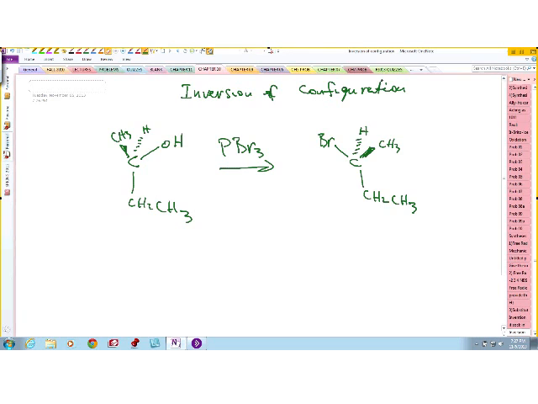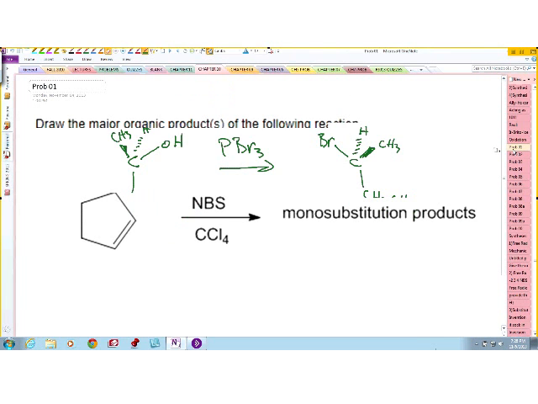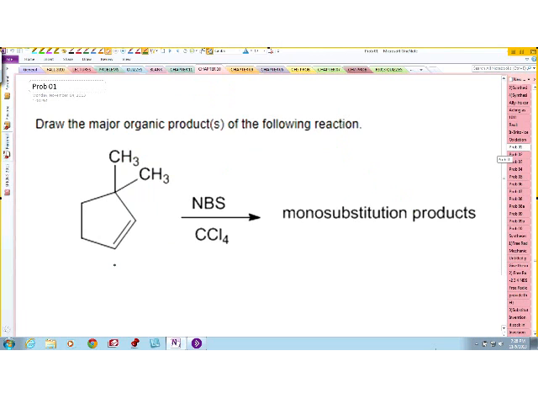Okay, so at this point we have finished chapter 10. Do you want to do a couple of problems? Very simple one. Kiara, can you read this for us?